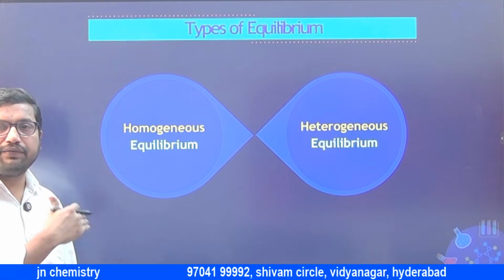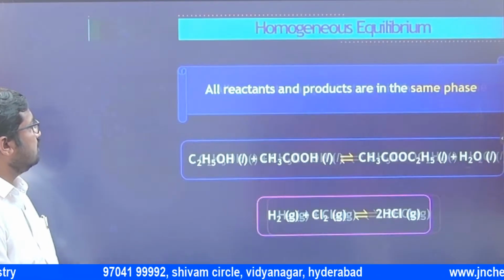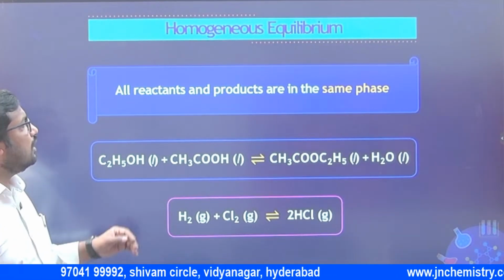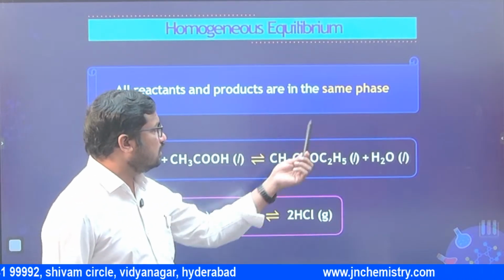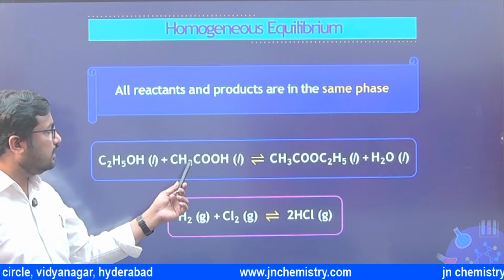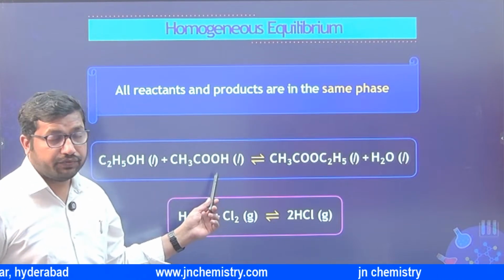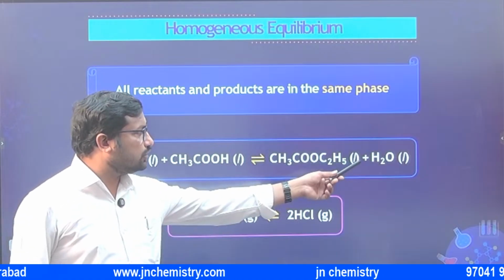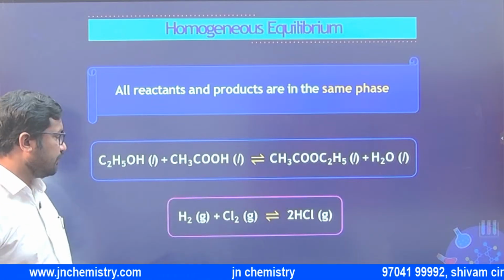Heterogeneous means one solid, one liquid, one gas. Homogeneous means reactants and products are in the same phase. For example, ethyl alcohol plus acetic acid, or ethanoic acid, gives ester plus H2O. All are in the liquid state, homogeneous.